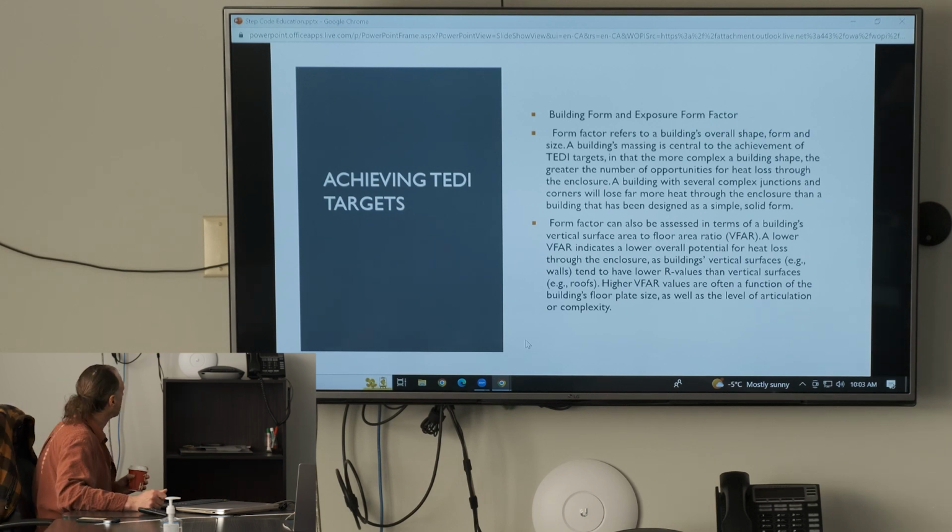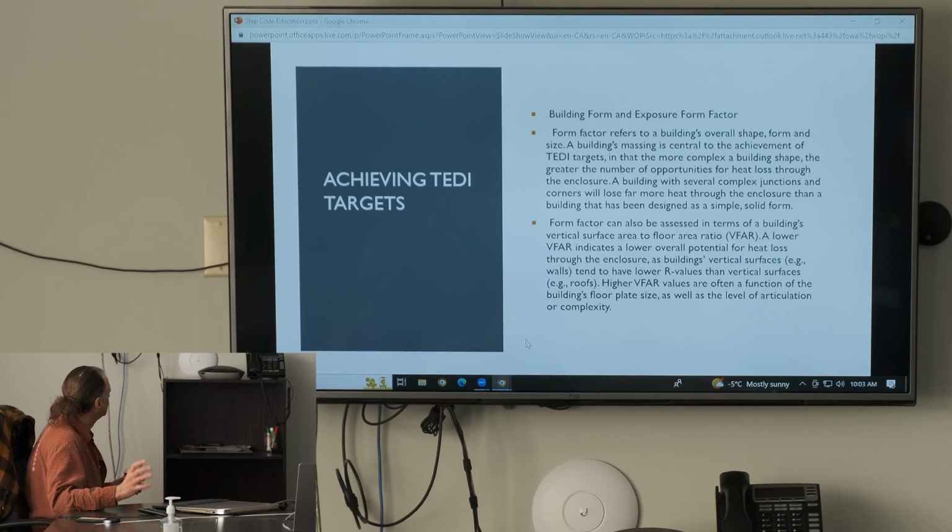So one of the important metrics is building form and exposure form factor. Form factor refers to a building's overall shape, form, and size. A building's massing is central to achievement of TEDI targets, in that the more complex a building shape, the greater the number of opportunities for heat loss through the enclosure. A building with several complex junctions and corners will lose far more heat through the enclosure than a building that has been designed as a simple solid form.